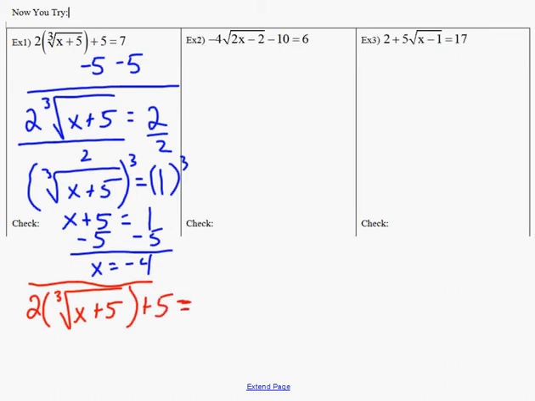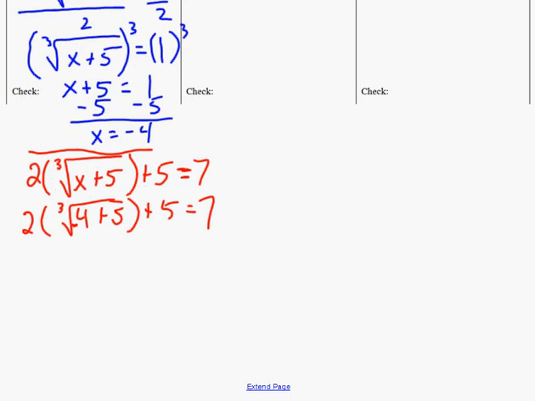And we're going to put x equals -4, our solution we believe could be true, right in here for x. And we're going to see if both these sides equal each other.